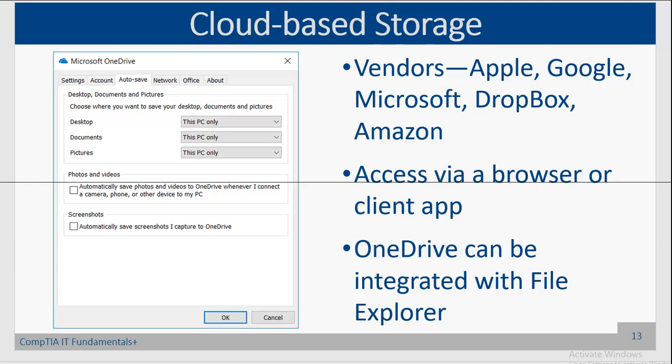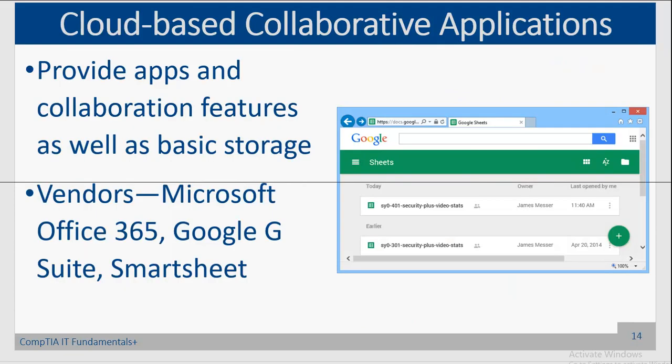All right, so let's talk now about cloud-based collaborative applications. You're very familiar with Google, like Google Sheets and the Google word processing, where basically you have these documents stored in the cloud, and you can collaborate. You can share those documents, and people all over the world can update a spreadsheet, and it's done instantaneously all over the world.